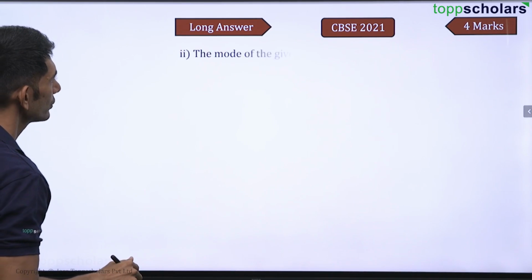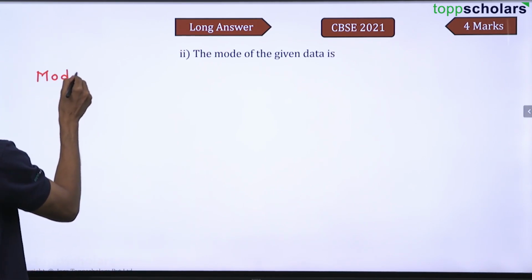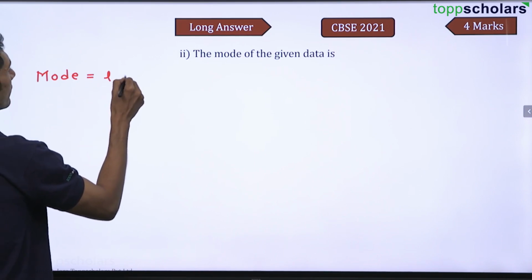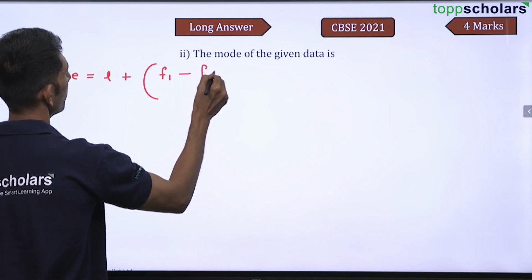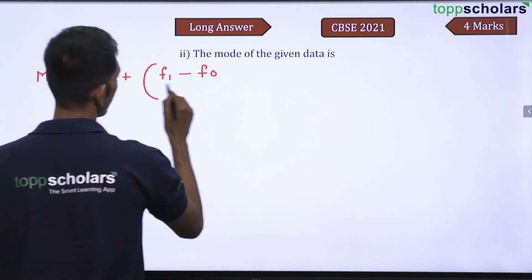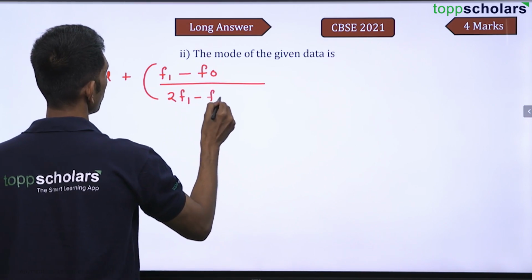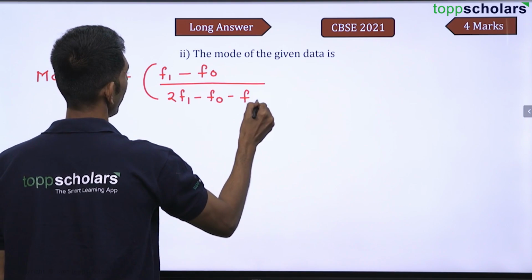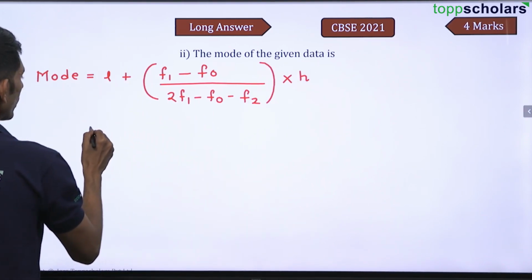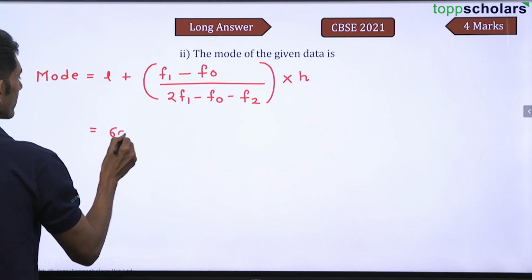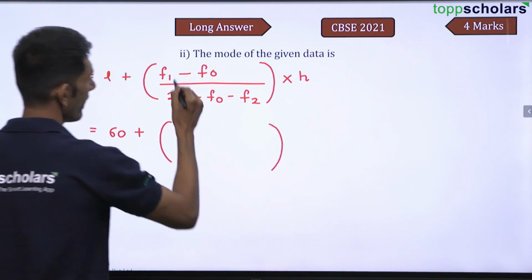So our second question was, what is the mode? The mode is given by L plus (F1 minus F0) by (2F1 minus F0 minus F2) into H. So what is L? L is 60 plus F1 minus F0.